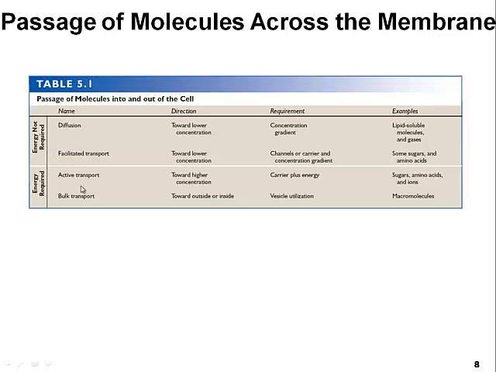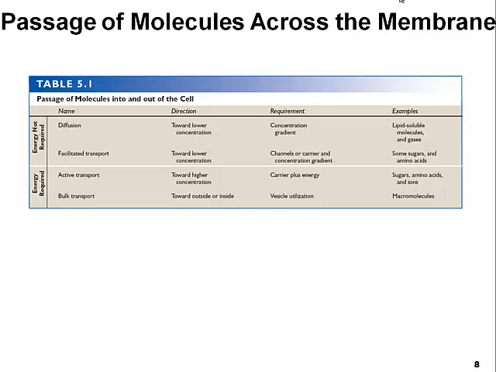Passive transport then describes both diffusion and facilitated transport. You can see over here on the left-hand side it says energy not required. I'm going to use the term up and down a concentration gradient quite a bit over the next few slides. And so you realize that down a concentration gradient implies that you're going from an area of high concentration to lower concentration.